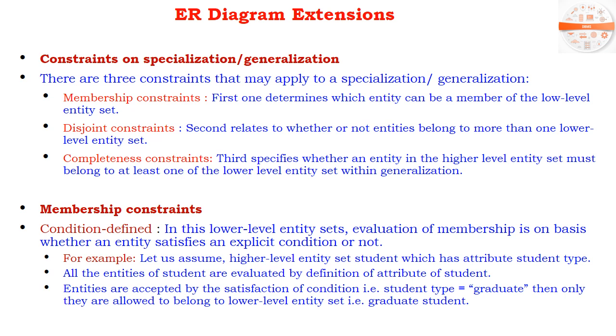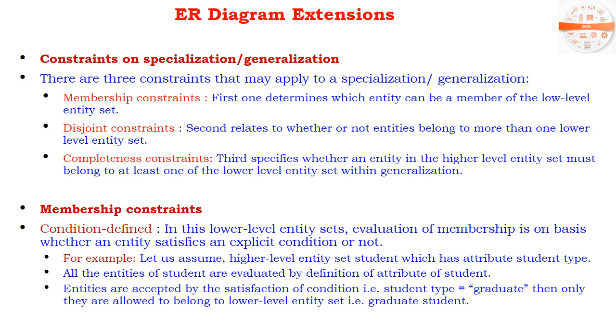First, the membership constraint. Here, we have condition defined. In this lower level entity set, the evaluation of membership is on the basis of whether the entity satisfies an explicit condition or not. For example, let us assume the higher level entity set student, which has the attribute student type.